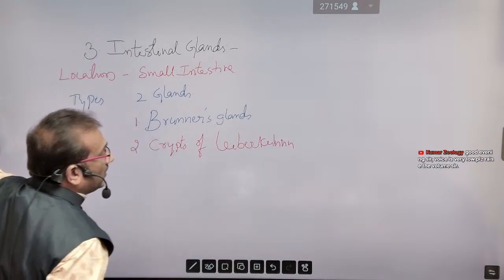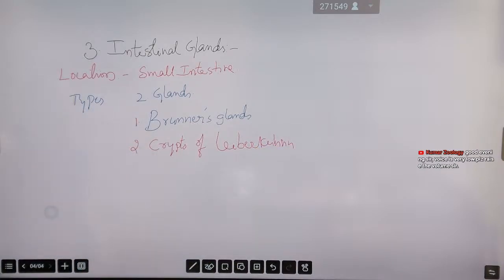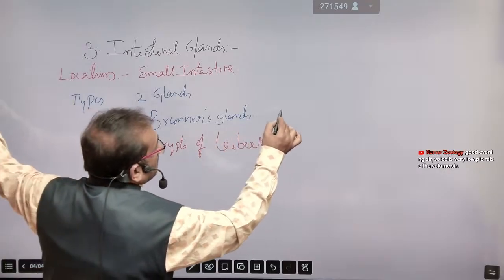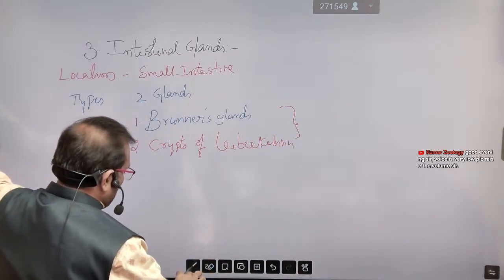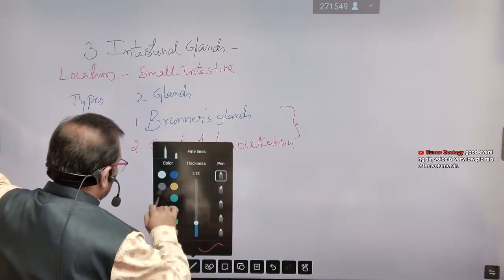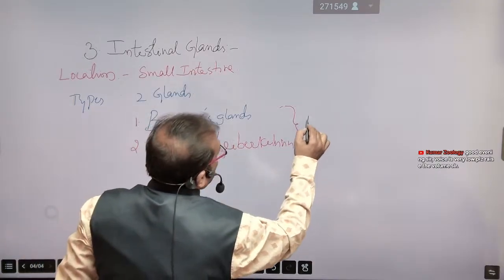Collectively, the secretion of these two glands is known as intestinal juice.